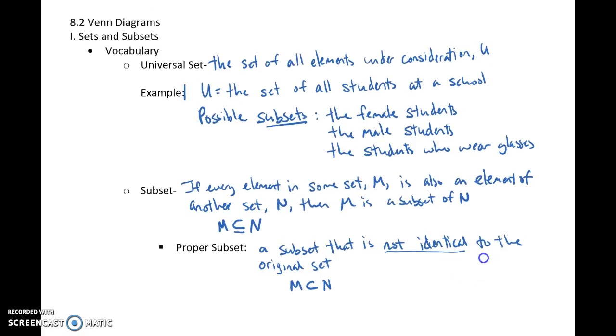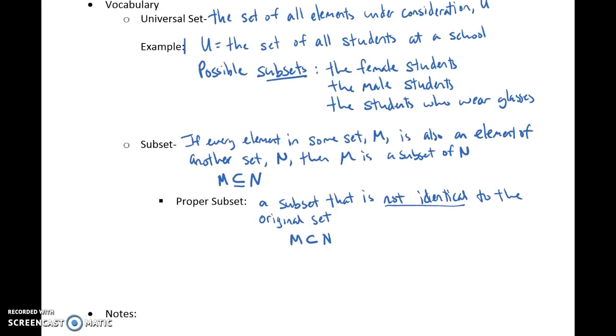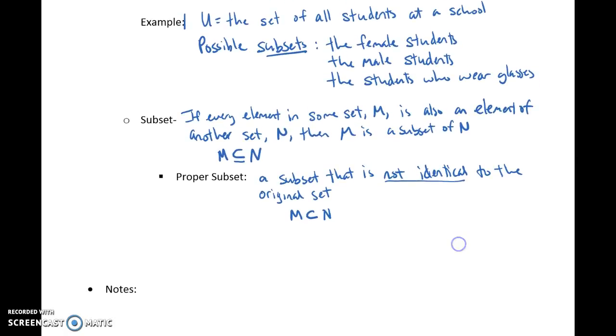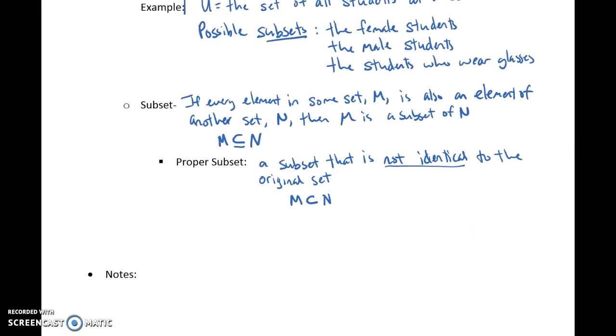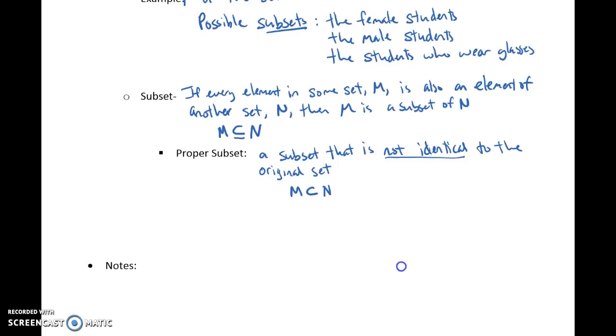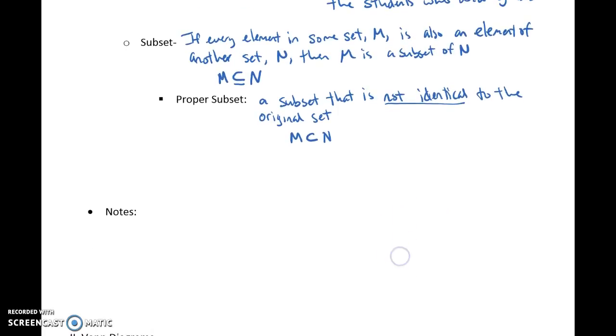All right, let's take a look at some notes here. Something to note is that the empty set is a subset of every set, right? Because the empty set is empty, so every set could be narrowed down to just the empty set.